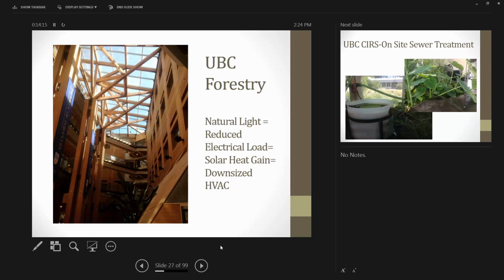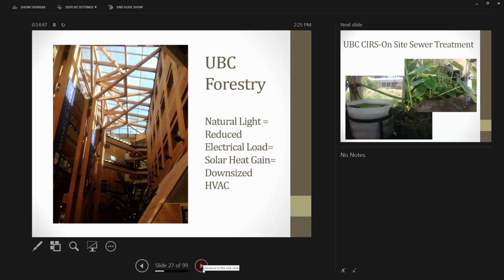They were also able, because of passive solar gain out of this, to downsize their HVAC system. So as a solution multiplier, they put extra investment into having this in the design, having the thermal benefit of it and the reduction in the electric load, because they just didn't need to have as many lights in there or have as many lights on.